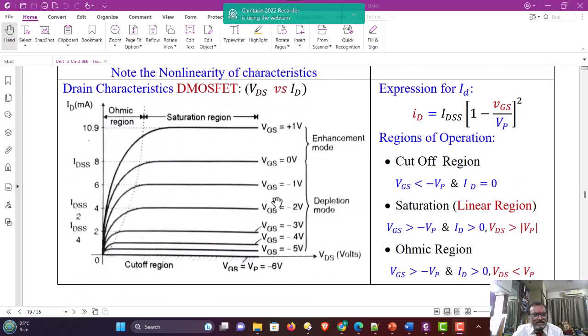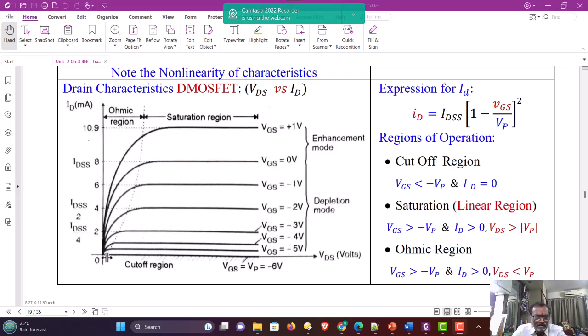Now let us see another characteristic called drain characteristics. These characteristics are defined as the VDS versus ID characteristic of the MOSFET. Now you will see here, if we go on increasing the value of VDS and plot the value of ID, you get the characteristics. Let us suppose VGS is equal to 0. When VGS is 0, the channel is fully open.